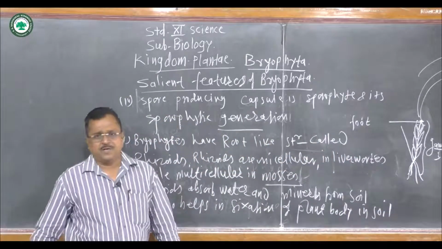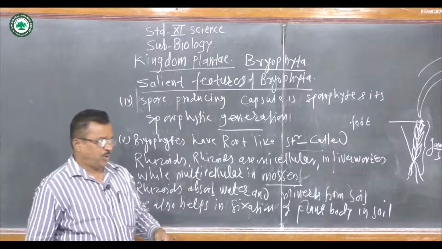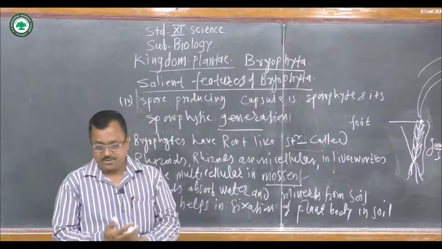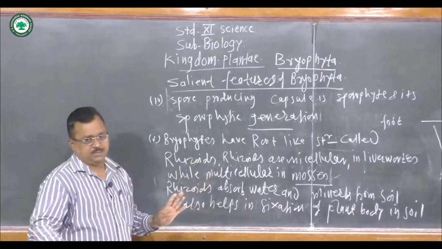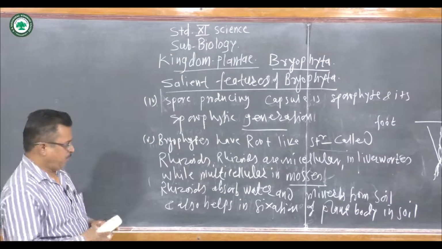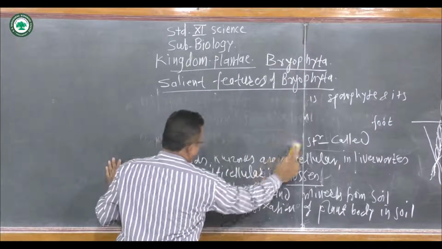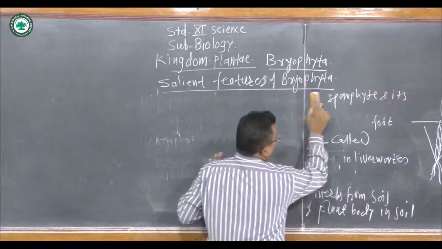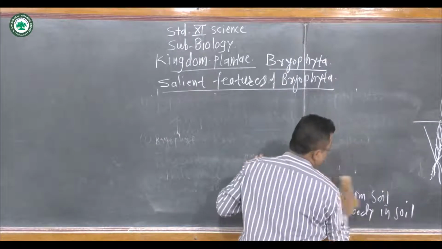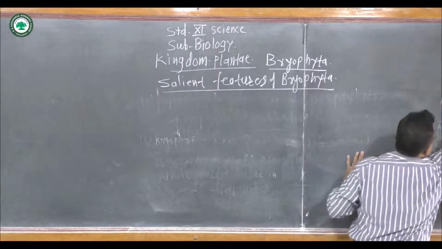That is the function of rhizoids: absorption of water and minerals from soil and fixation of the plant body in soil. The rhizoids are unicellular or multicellular: unicellular in liverworts and multicellular in mosses.